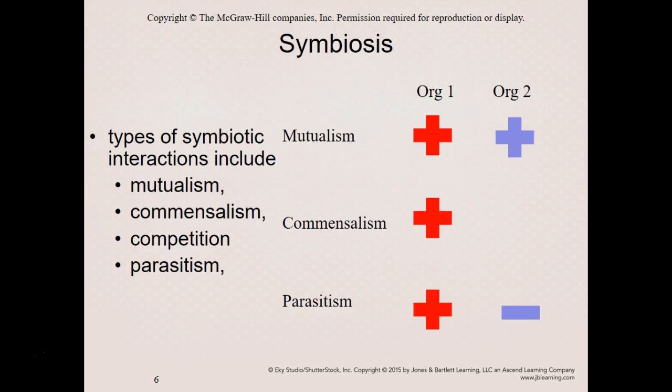Competition, both groups are going to be competing for organisms or for some resources. And so they both can potentially gain benefit at times, but the amount of benefit they gain is a lot less than in mutualism. Then in parasitism, one organism or one of the species benefits and the other one is harmed.